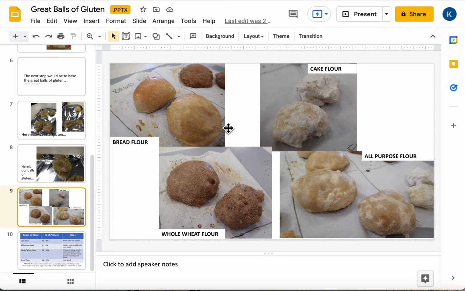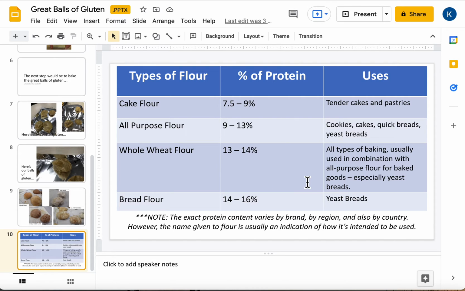So it's just fun to see how gluten can respond in each of these different flours, which starts to make sense then why we have different flours available for different products. So just like the video talked about, cake flour, we want to use that for tender items because there's not as much gluten present. And you can see the percentages here.